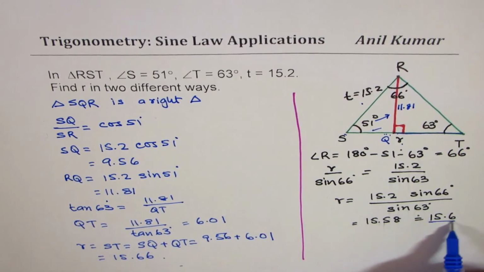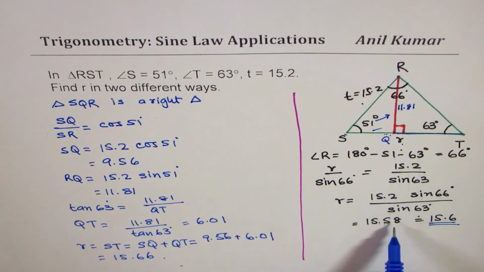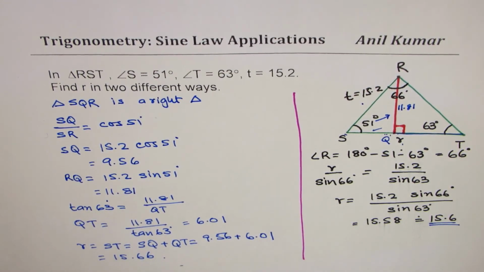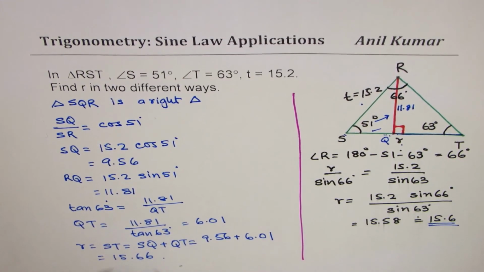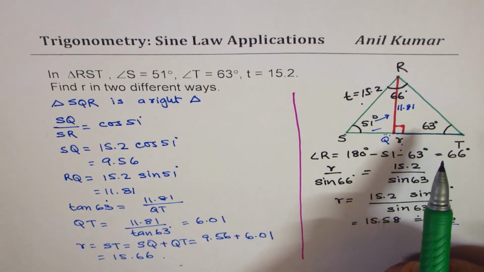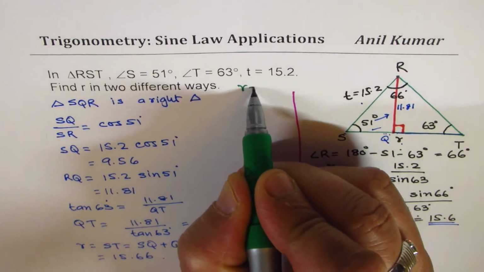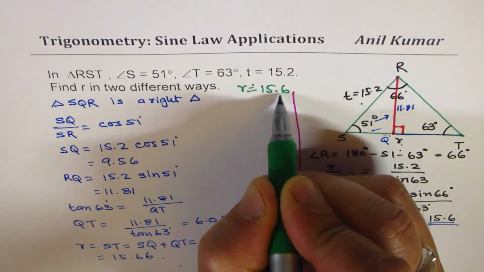So 15.6 is our approximate answer. So we can actually find the solution in two different ways, as shown here, treating it as a right triangle. So we can say r is approximately equal to 15.6.